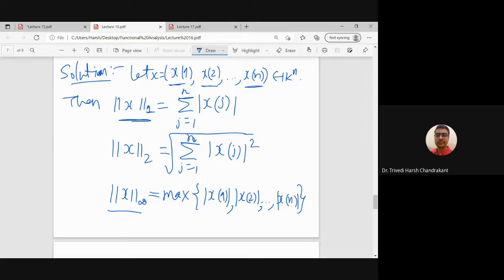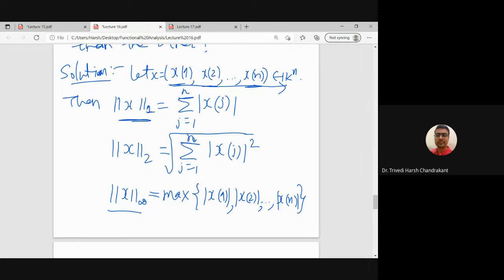And when we take, instead of n coordinates, sequences x1, x2, xn, and so on, then here we take up to infinity, right? But we are not taking that, we are only taking finitely many coordinates.